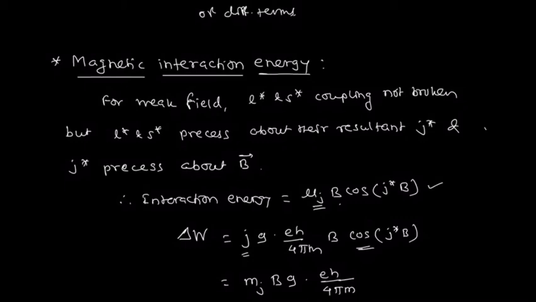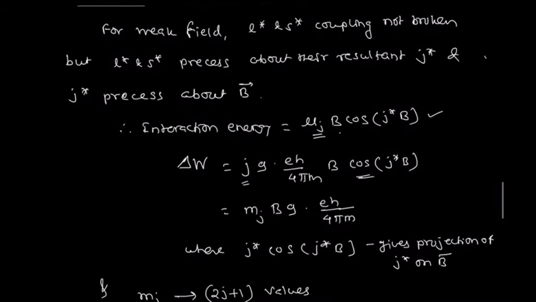Once we put the value of μj, J g eh divided by 4πm, B into cos(J*B), in that, J cos(J*B) is the projection of J* on the external field direction. And we get this z component in that case, and that is mj. Hence mj represents the magnetic total quantum number. In terms of the magnetic total quantum number, the interaction energy is mj B g eh divided by 4πm.